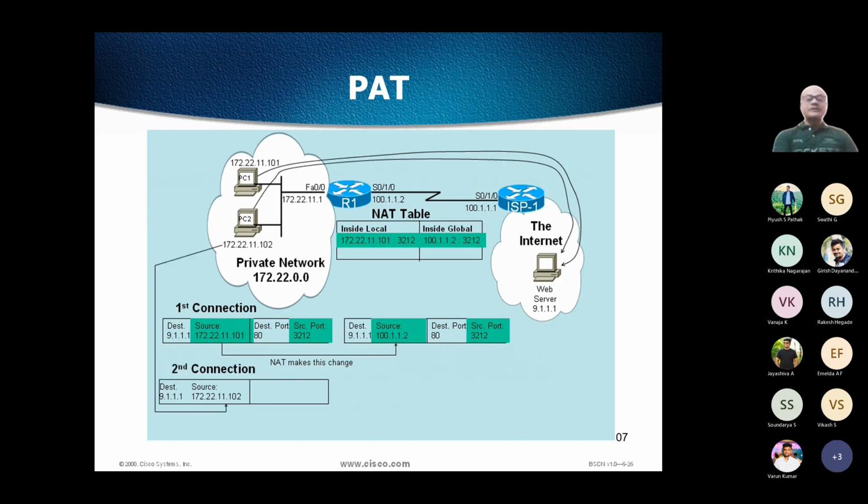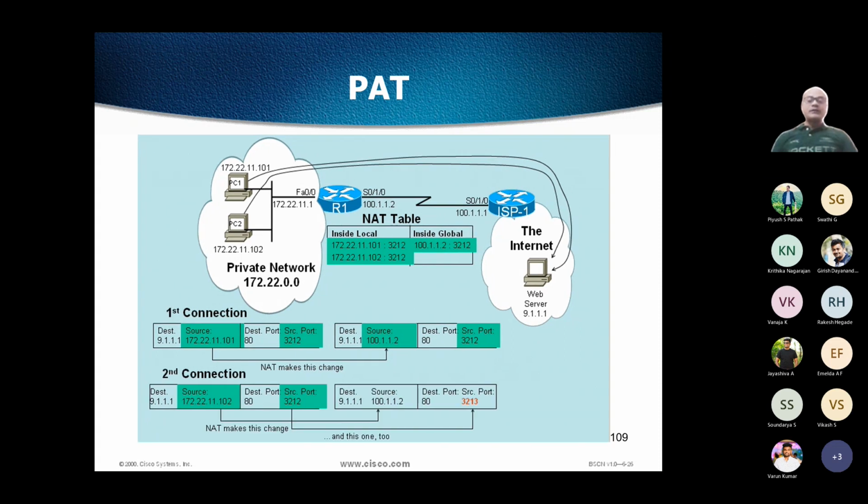If you talk about the second connection, guys, in the second connection the translation gets changed. As we can see, this time this guy wants to access your web server. The destination port number is the same, the source port number is 3212, and we can see the translated port number changed here to 3213. Why is it changed? That is PAT.